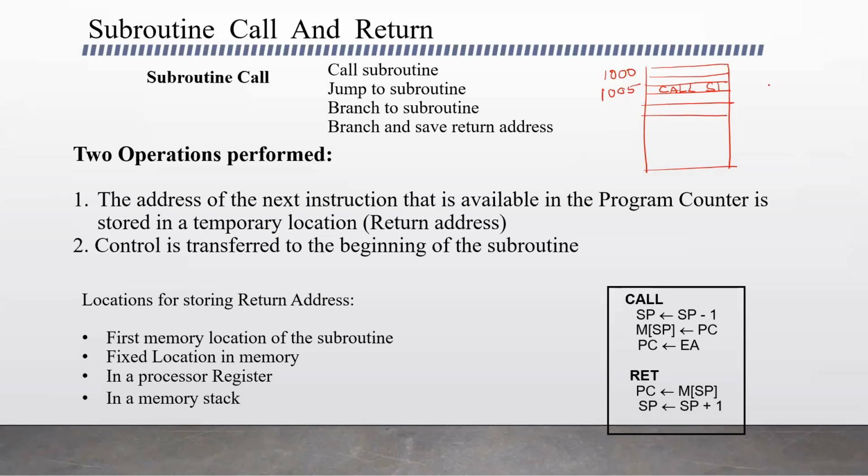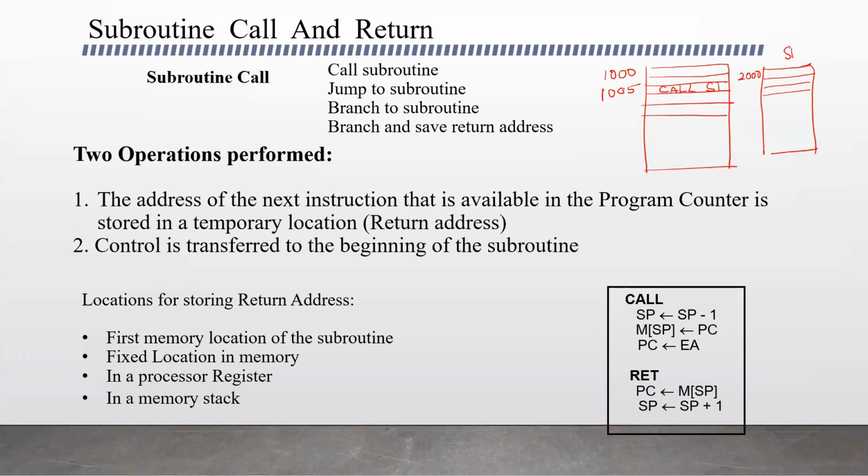Let's say there is a subroutine S1 in the same memory, starting at location 2000. This is the first instruction of subroutine S1, and then we have the remaining statements.